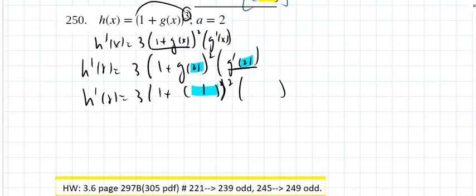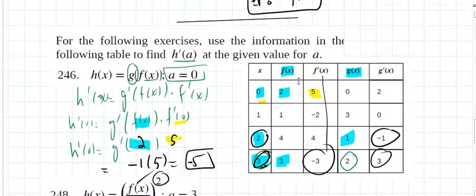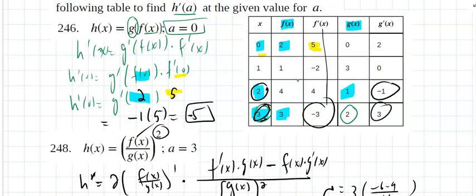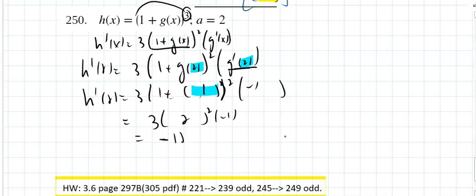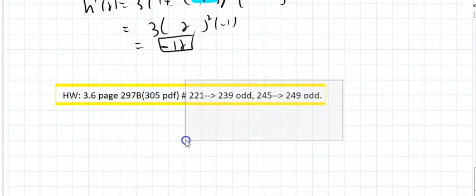And I need g prime of 2. I'm still looking at 2, but now I want g prime, and g prime is right there. That will be g prime of 2, it's a negative 1. And I'm looking at 3 into 1 plus 1, 2 squared times negative 1. That will be a negative 12. And there's your homework in this section.